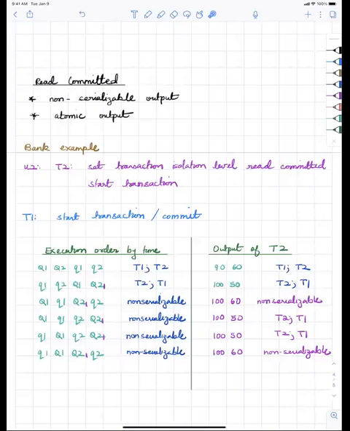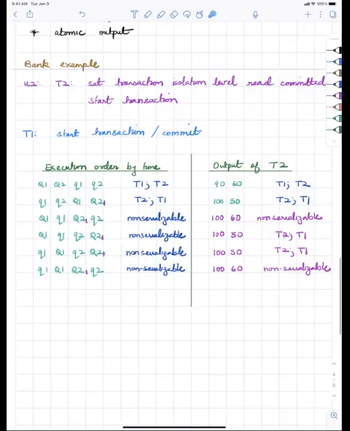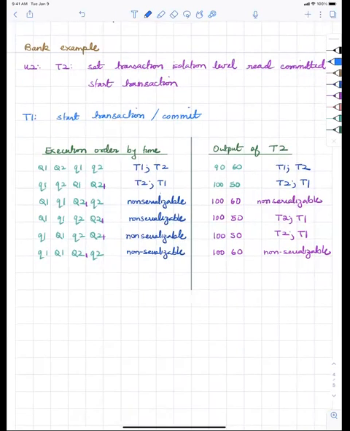In this case, there are fewer cases where you have non-serializable output, and we have no case where we have a non-atomic action. So you have two non-serializable, but all the outputs are atomic. And with rollback, all the outputs will look serial.